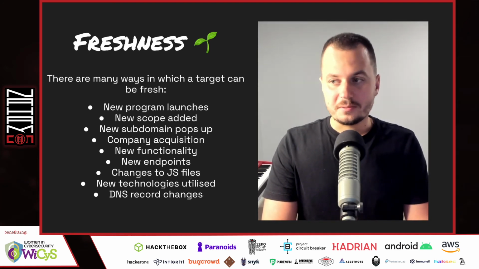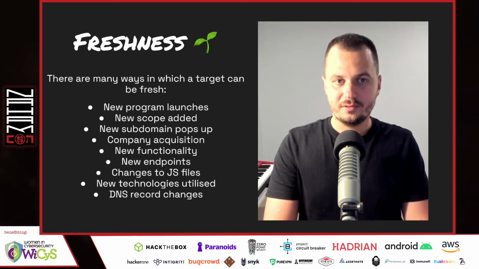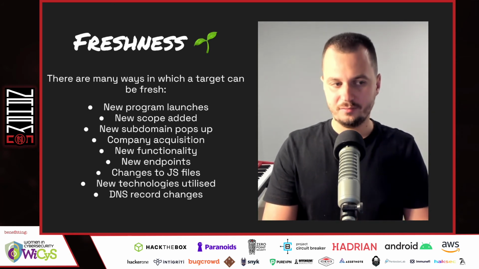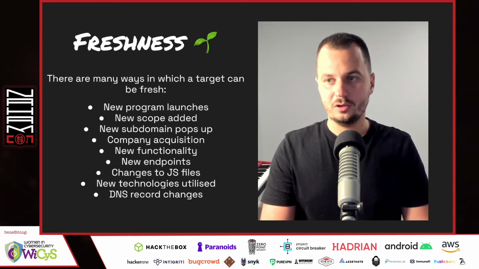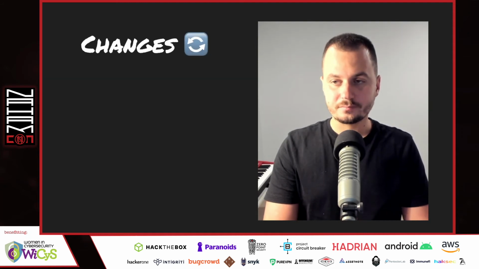DNS record changes, obviously a great one to detect with automation. If there's any DNS record change, it's probably something that might be good to review manually to see if a vulnerability is detected. These are all things that, at scale, you could do quite easily with automation.